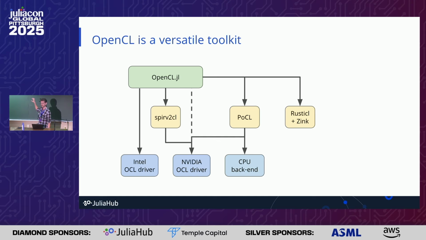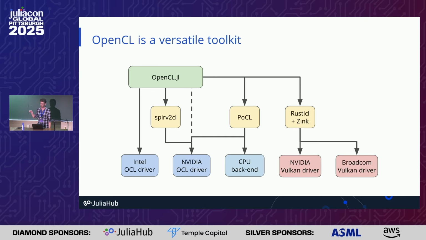And one of those drivers is Zink. Zink is an interesting driver because it cross-compiles SPIR-V to Vulkan. So with this unholy setup, we can actually compile Julia code to SPIR-V and then cross-compile it via Rusticl and Zink to any Vulkan API that supports SPIR-V compute shaders.